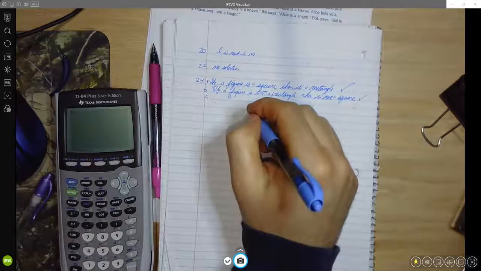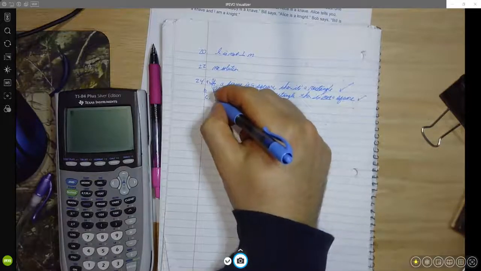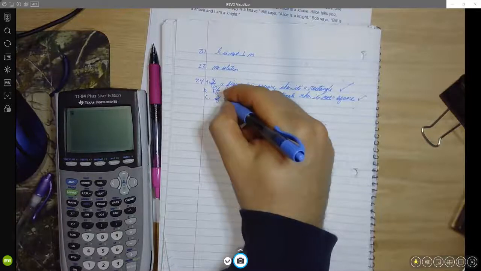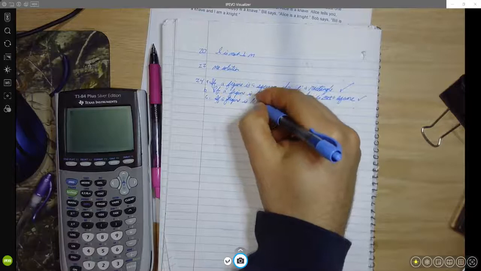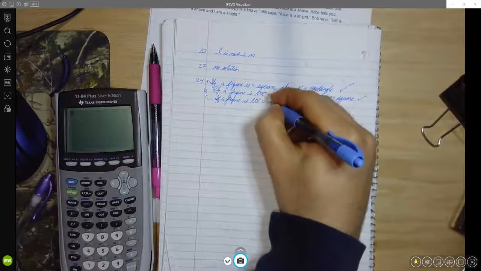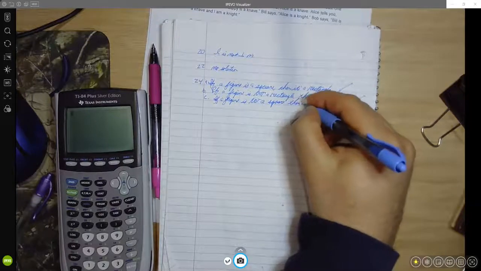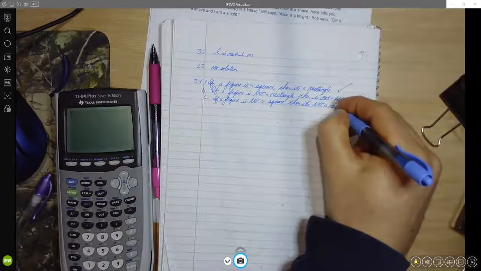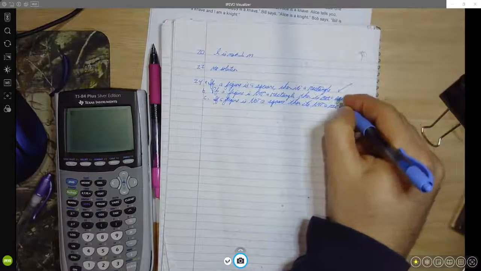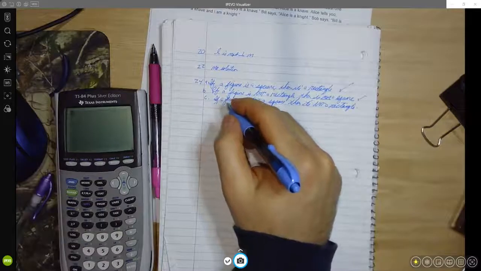So C, contrapositive. If a figure is not a square, then it's not a rectangle. And this is just the original statement we said was false.